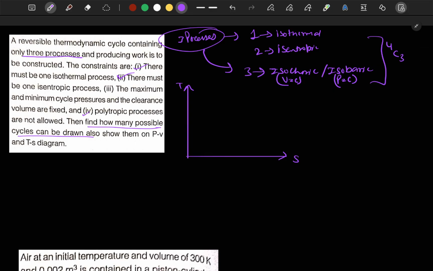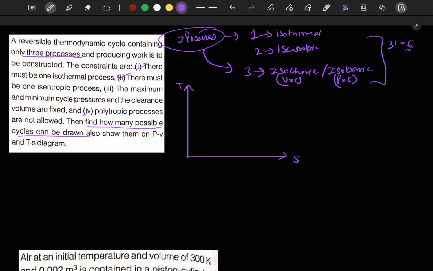Or you can say there are three types of processes, so we have to arrange these three, so 3 factorial is equal to 6, and for each cycle there are 6, so a total of 12 cycles are possible. This is also incorrect, because every combination won't be feasible. Let me explain in detail in the graph.